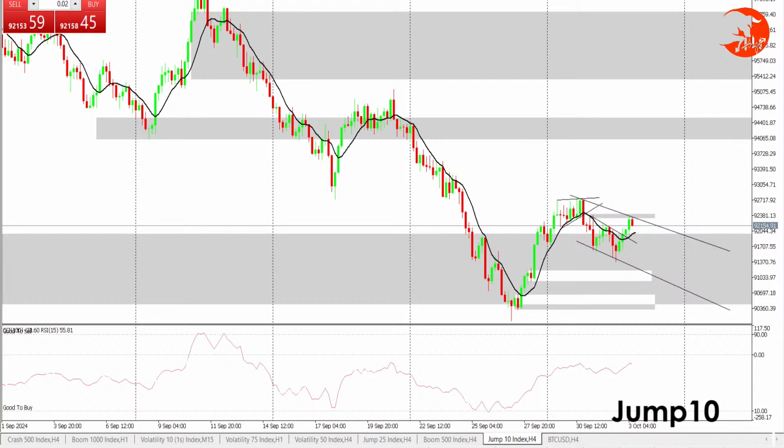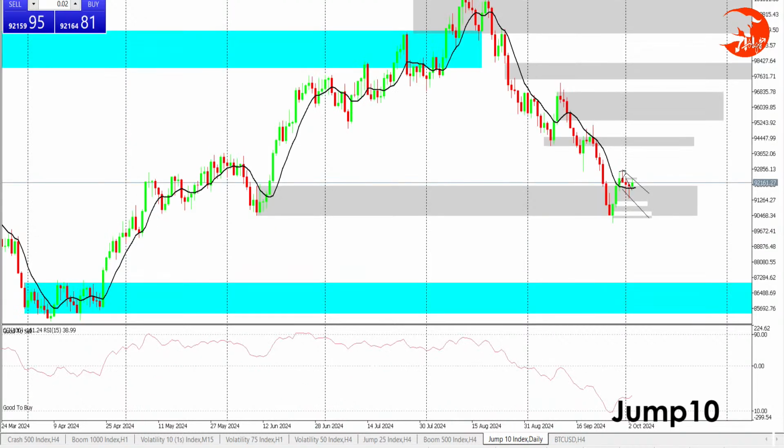So that means price will be moving within, until it reaches our clear discount levels that we were anticipating. Because if you see clearly on daily, price can't just move like that.